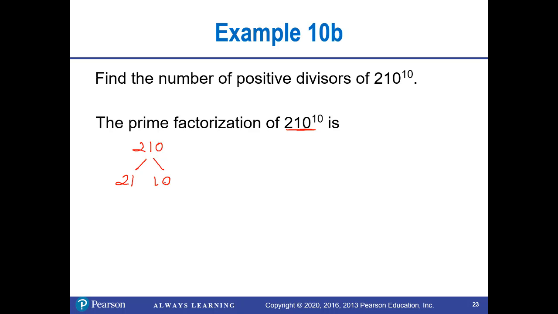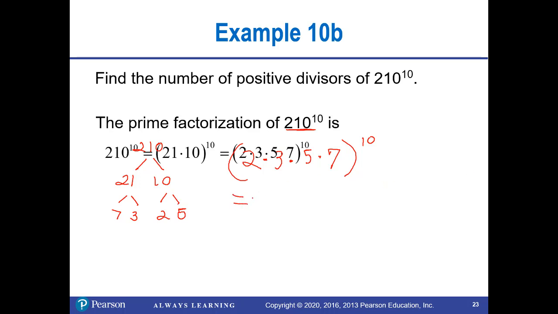Any number that ends in 0 is divisible by 10. 21 is 7 times 3. 10 is 2 times 5. So the prime factorization of 210 is going to be 2 times 3 times 5 times 7. And then we're still taking that to the 10th power. So we have 10 of these, 10 of these, 10 of these, and 10 of these.